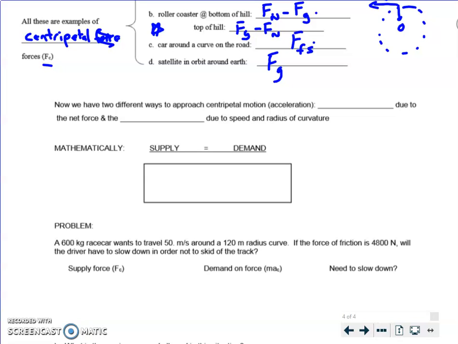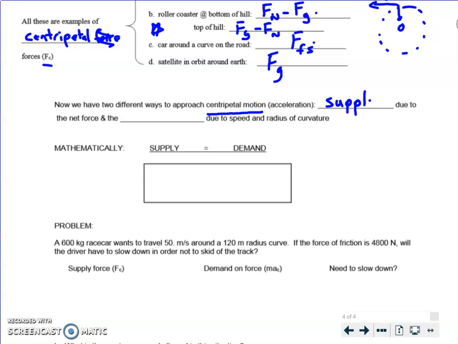Okay. So, with this idea of centripetal force, we have two ways of approaching centripetal motion. I'm going to try to give you a conceptual construct to help you solve the problems. You don't have to use this. If you understand how to apply the second law, that's really all I'm going to teach you here. I'm just giving you a slightly different way of looking at it. So you can talk about a supply.